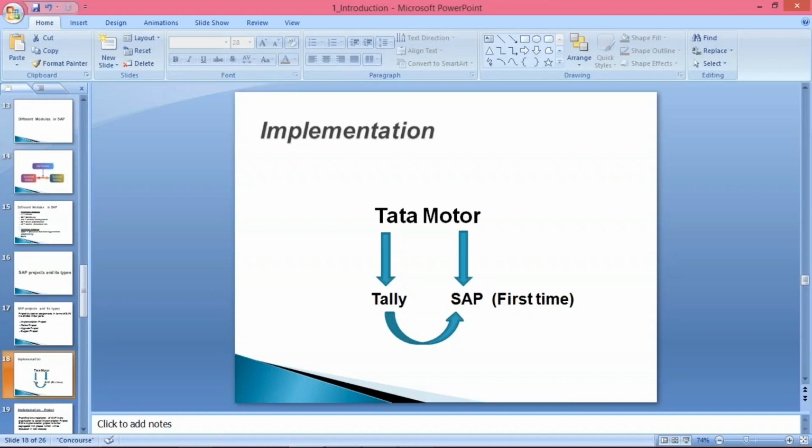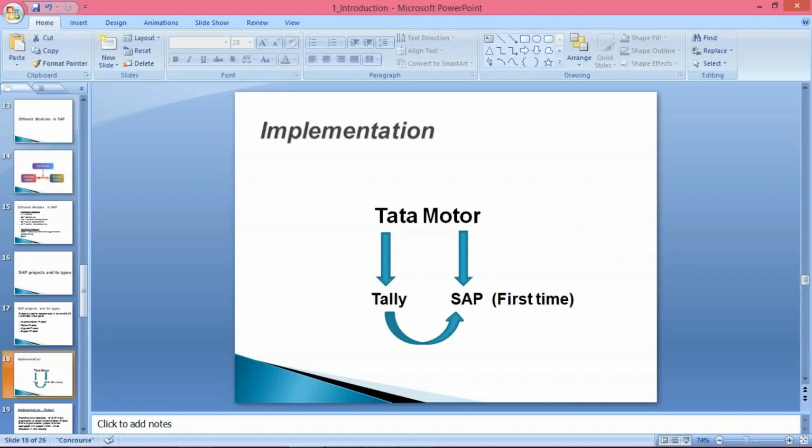So now Tally is a very small ERP, guys, but Tata Motor is a very huge organization. So initially, let's suppose it was okay, but now what is happening, since they have expanded their business a lot, their number of employees has also become too much, and apart from this, their management has a huge number of expectations in terms of reports, they're always seeking different types of reports.